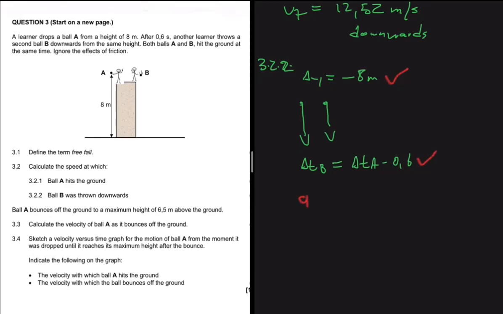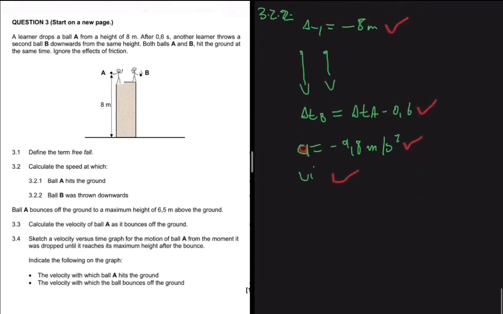The acceleration is always going to be equal to minus 9.8 meters per second squared. And then what are we looking for? We're looking for VI. So we have 4 variables here. There's obviously an equation we can use to find VI from these variables. But first, let's find the change in time for ball B using that of ball A.